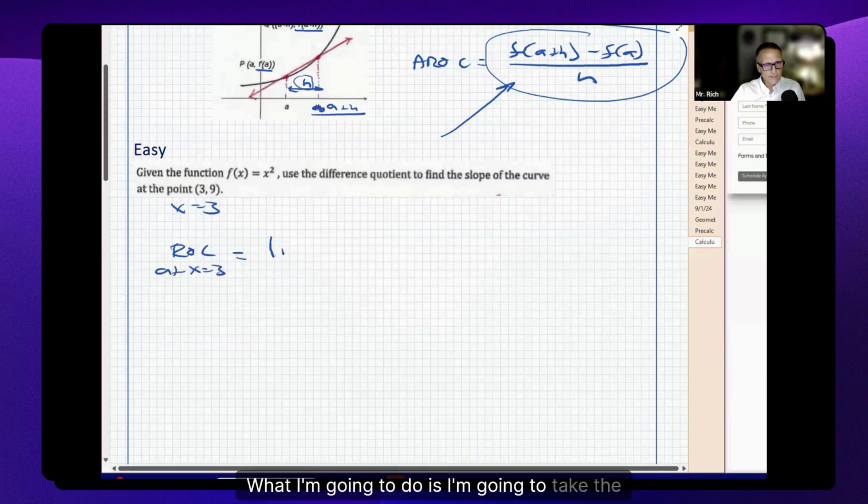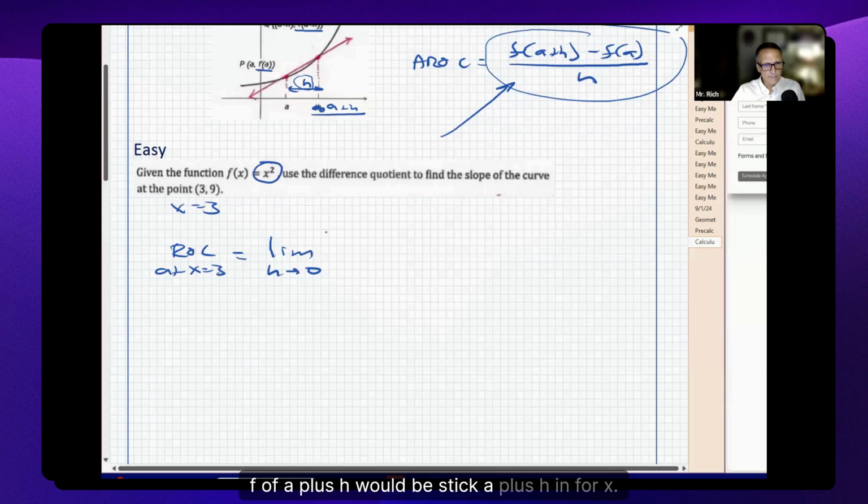What I'm going to do is take the limit as h goes to 0 of f of a plus h. Well, f of a plus h would be sticking a plus h in for x. Oh, and what's my value of a? My value of a is going to be 3, because that's the point in my problem. So I'm going to put 3 plus h in for x.